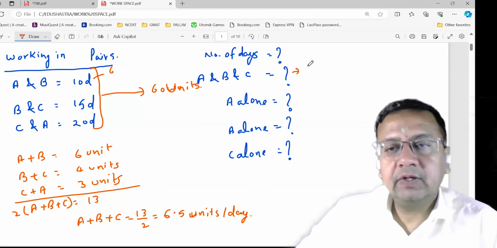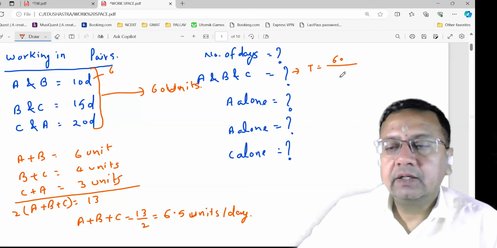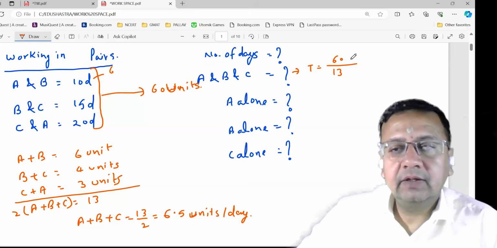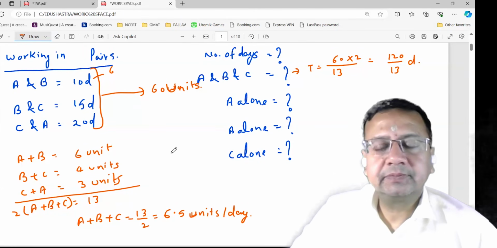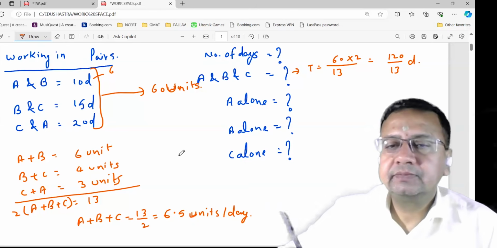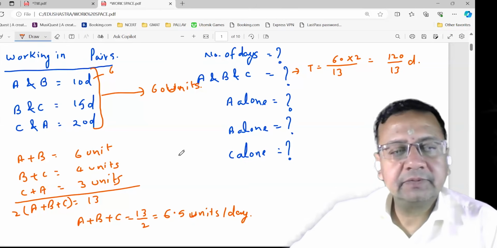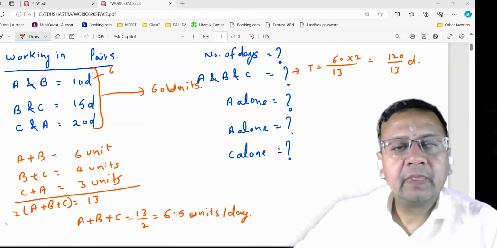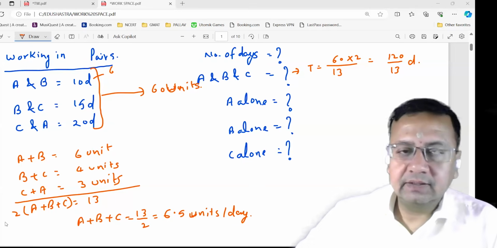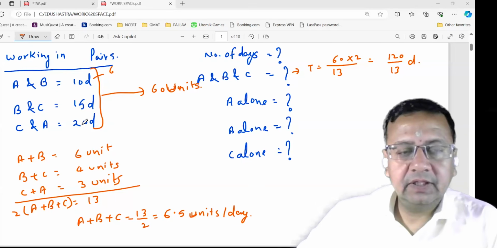So what is the time required? Time is total work 60, divided by the units they do per day, 13 by 2. So the number of days is 120 by 13 days. First answer, right? Getting this? So the 60 units assumption is from the LCM of all the days: 10, 15, and 20.